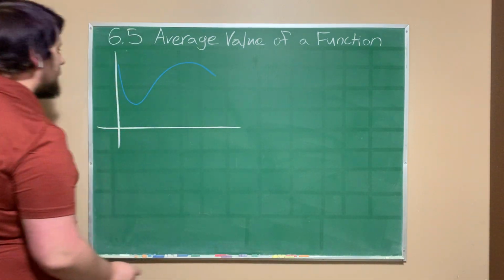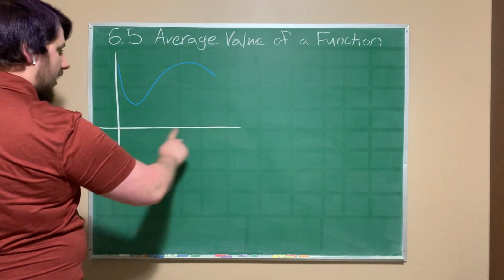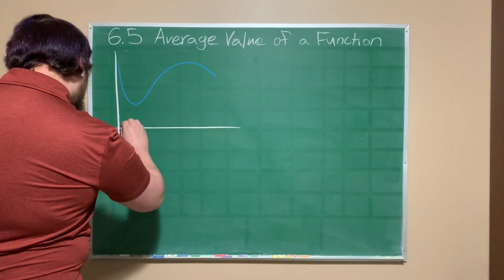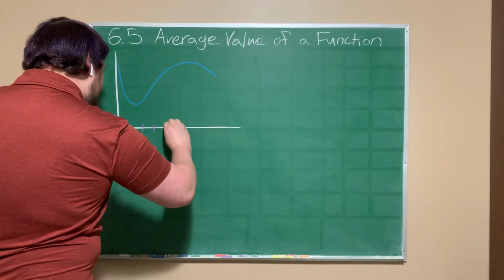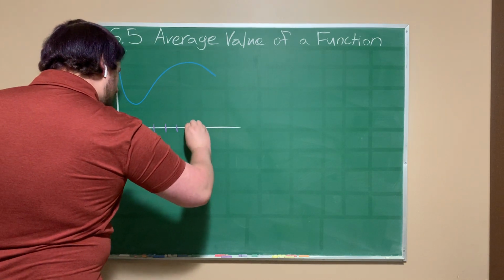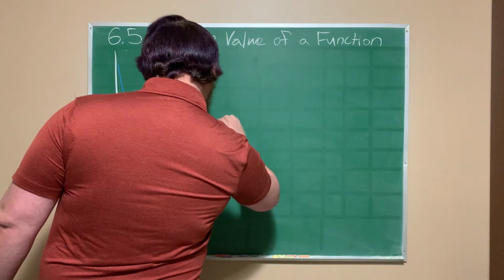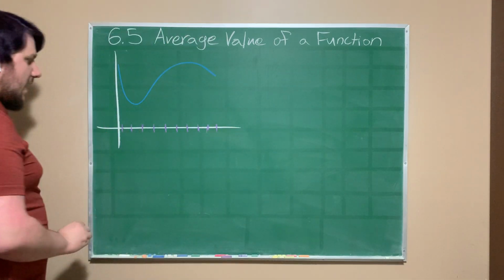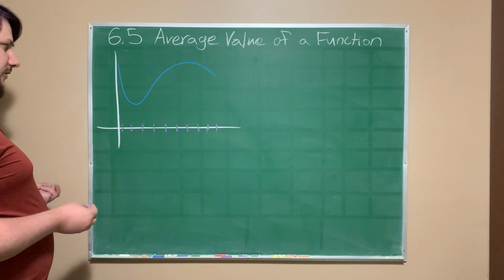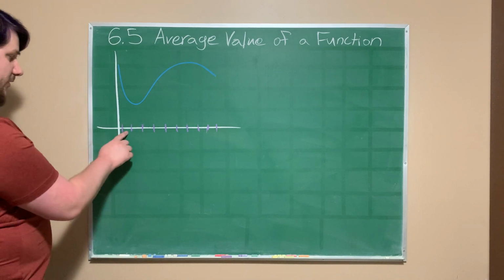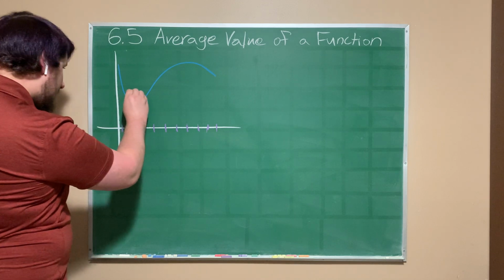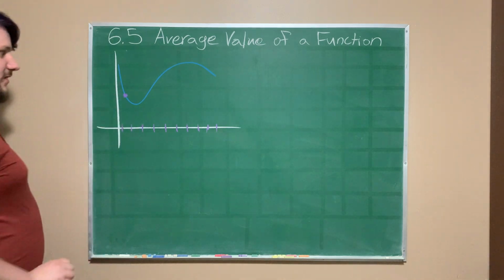Well, one way that I can do that is I can take the interval on the x-axis here, and I can split it up into a bunch of subintervals, all the way out to here. There we go. So we split this up into a bunch of subintervals, and then I pick one specific point from each one of those subintervals and find the corresponding y value.